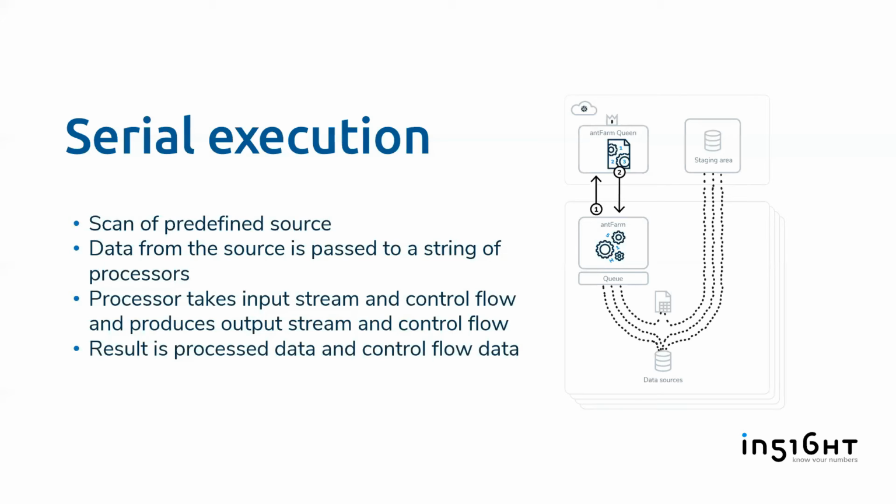And in this case, antFarm has another leg in this fight, and it has an implementation for serial execution so that we can read the source folder, or source blob, and the insides of this blob are then processed and moved to the destination table.